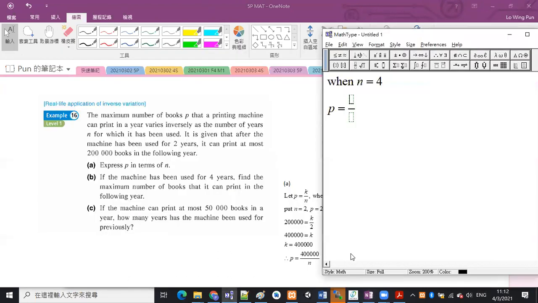Okay, that should be 400,000 divided by n, where n is replaced by 4. Okay, so P should be equal to 100,000.